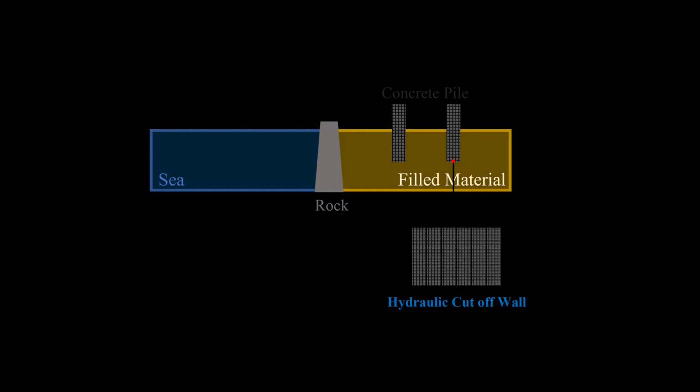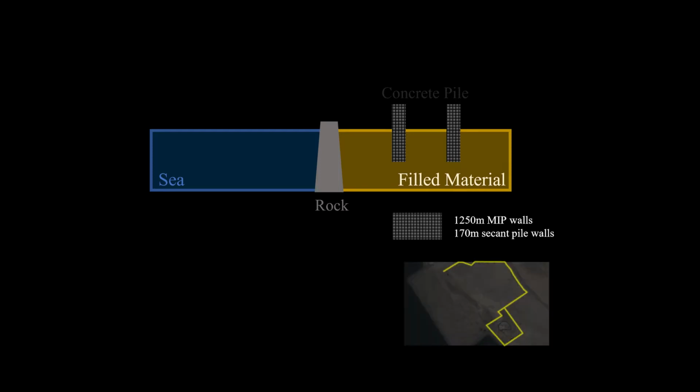The hydraulic cutoff was made with the piles by the MIP method to protect the structure from the sea. A total of 1,250 meters of MIP bars and 170 meters of circuit pipe bars were built.